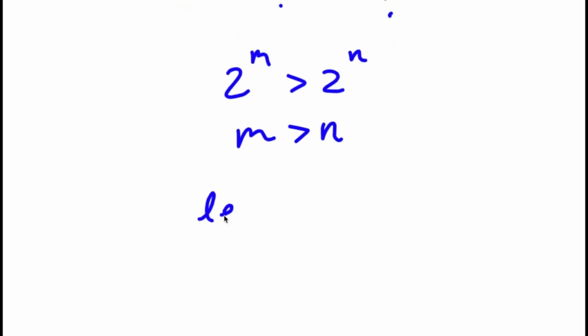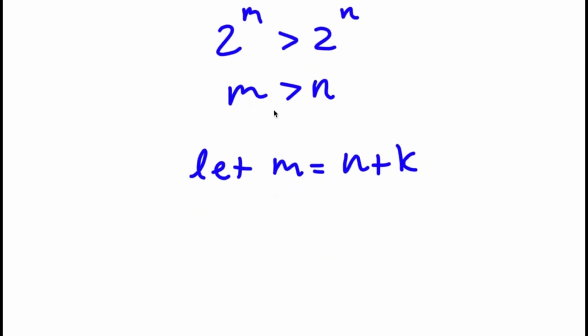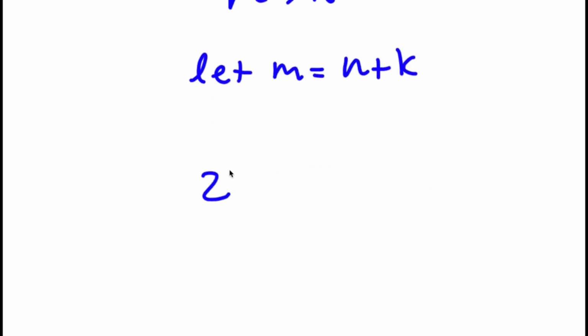So I'm going to let m equal n plus k, and k is an integer. So if m equals n plus k, then I have 2 to the power of n plus k minus 2 to the power of n is equal to 8064.